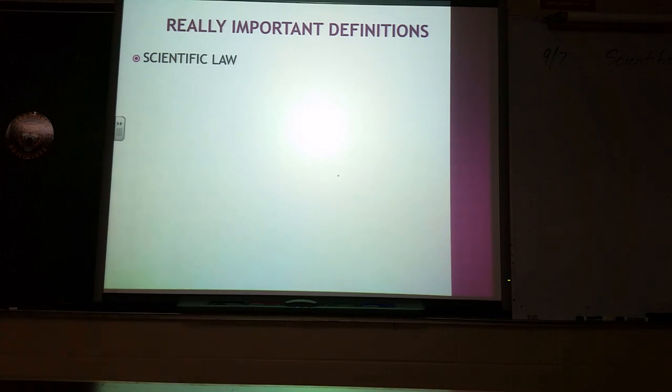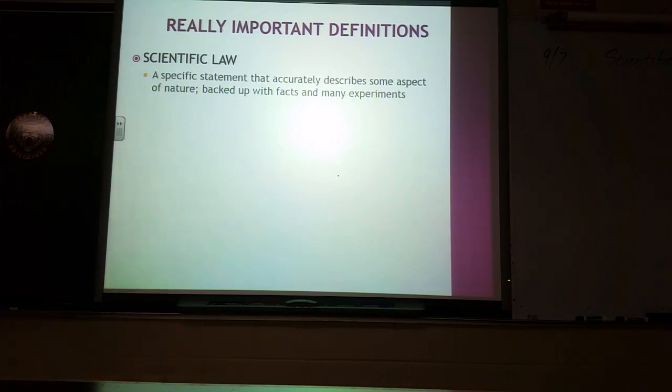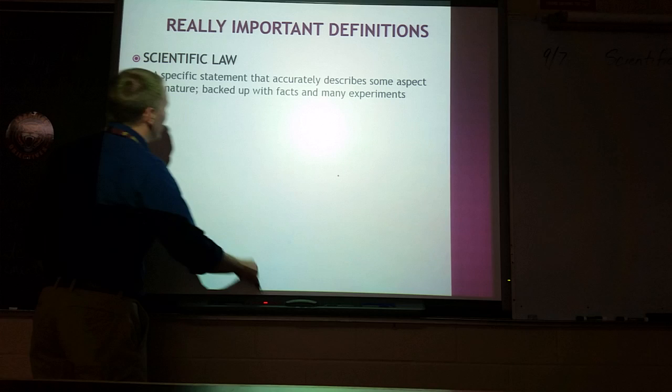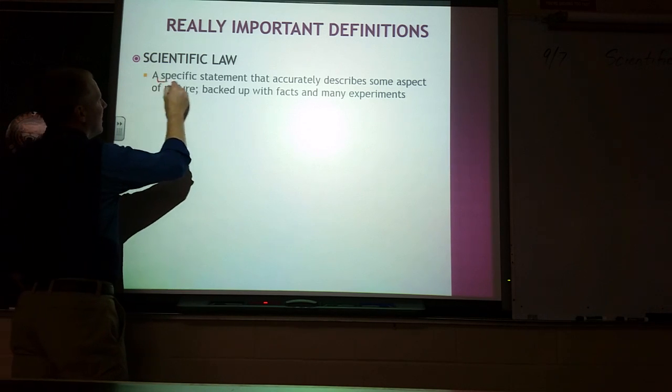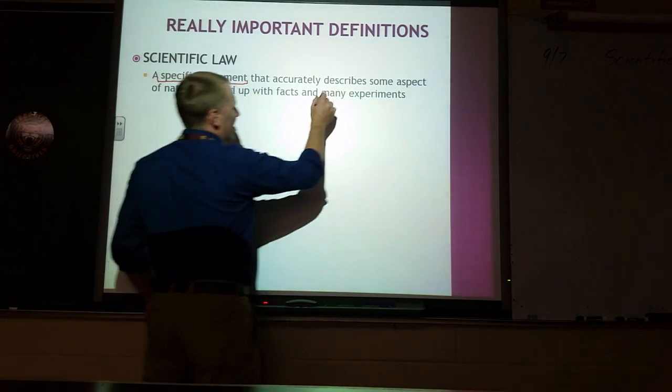You've probably had some examples of these, like Newton's laws, the law of gravity, those sorts of things. This is a very specific statement that accurately describes some aspect of nature, and it's backed up with facts and many experiments. But it's very specific. So keywords to remember, though I'd like you to write the whole thing: a specific statement that describes.